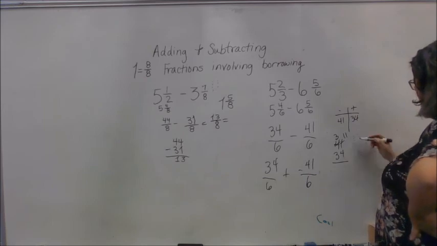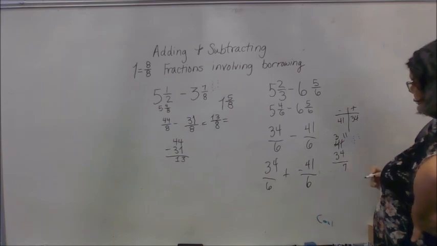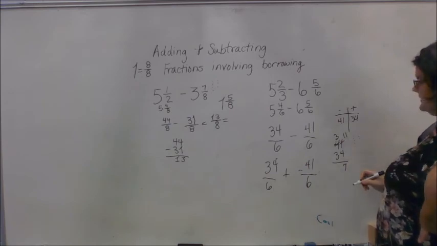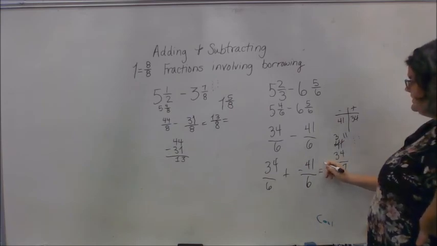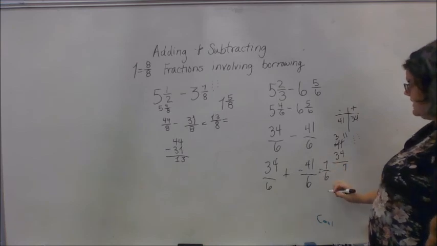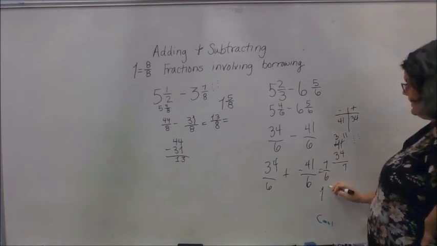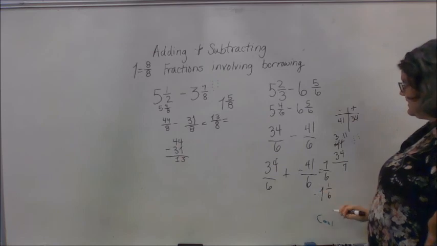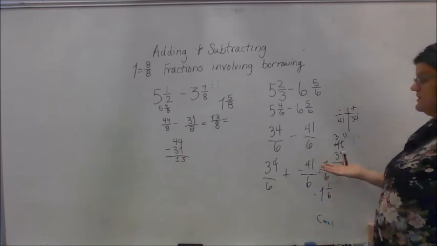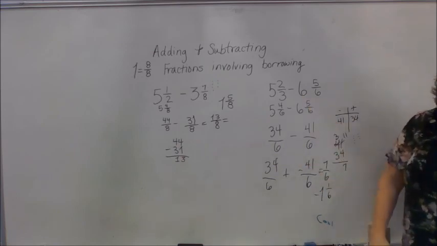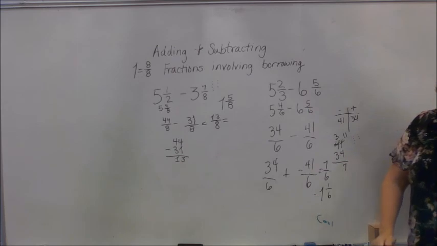So that's 1, 2, 3, 4, 5, 6, 7. And the 3's cancel. So this is 7/6. So that means it's 1 and 1/6, and that it's negative. So I just kind of skipped over a lot of the other strategies for that one.